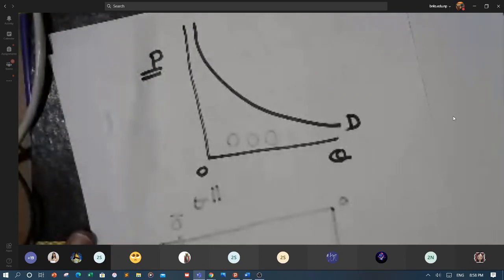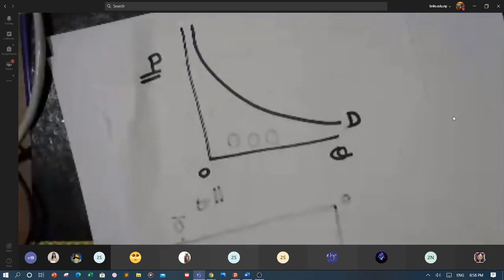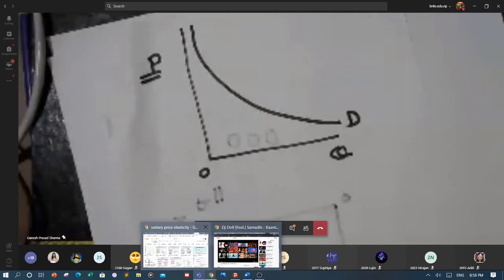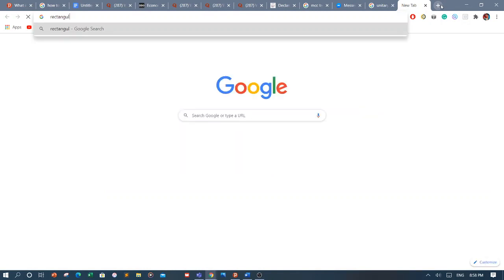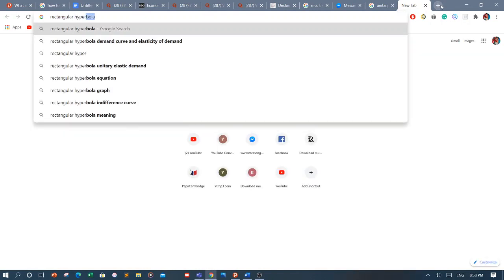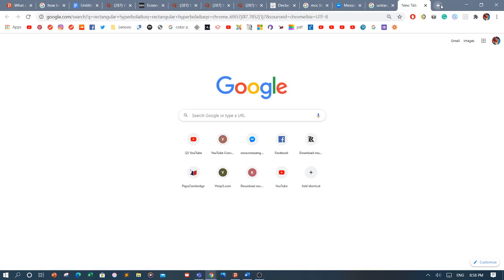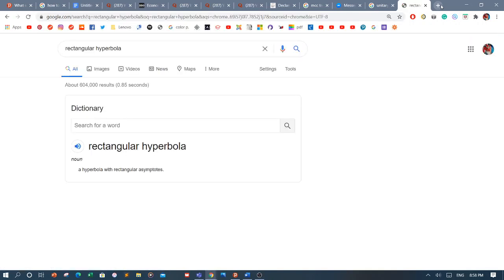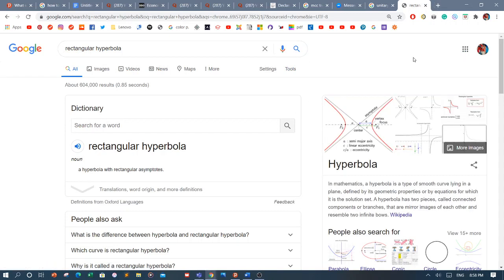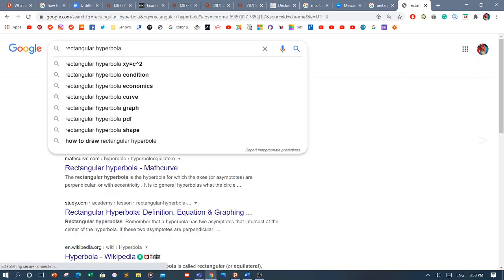If the shape of the demand curve is a rectangular hyperbola, what does it mean? What does it mean, rectangular hyperbola? It neither touches the y-axis nor the x-axis.